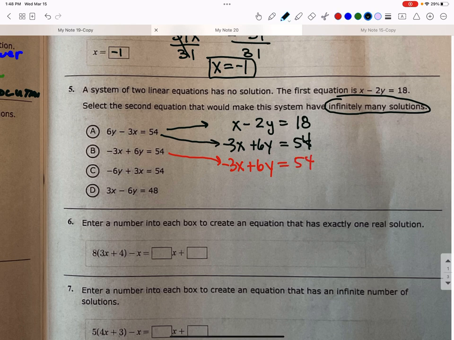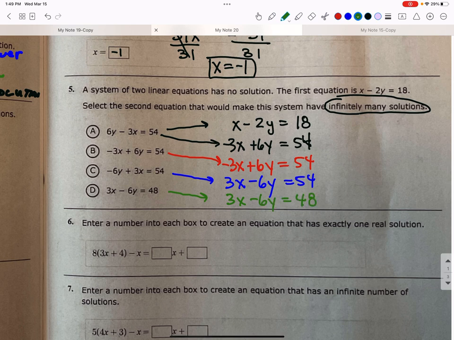And we'll put this one in blue. Negative 6y plus 3x. Oops, I'm going to put the x's in the first column. 3x minus 6y equals 54. And I'm going to put this one in green. 3x minus 6y equals 48.